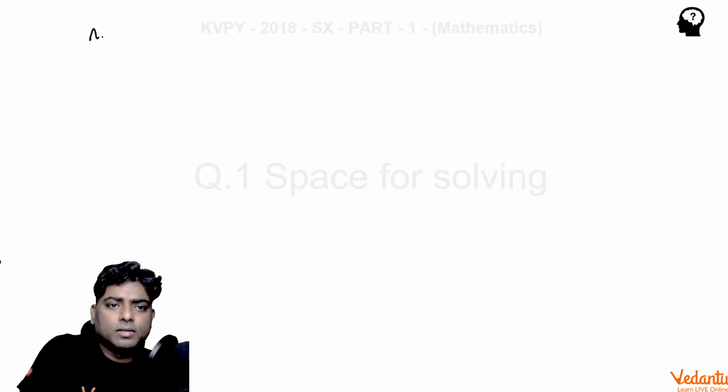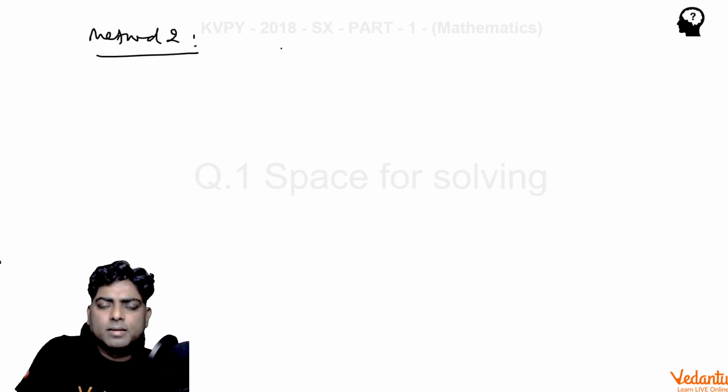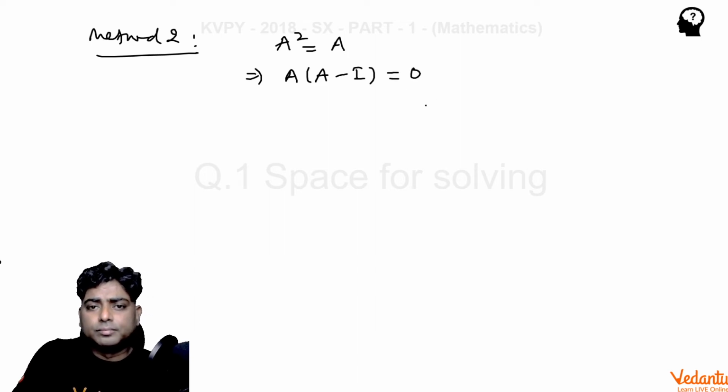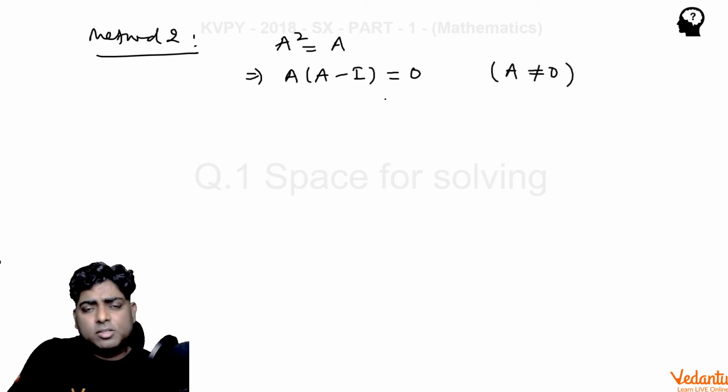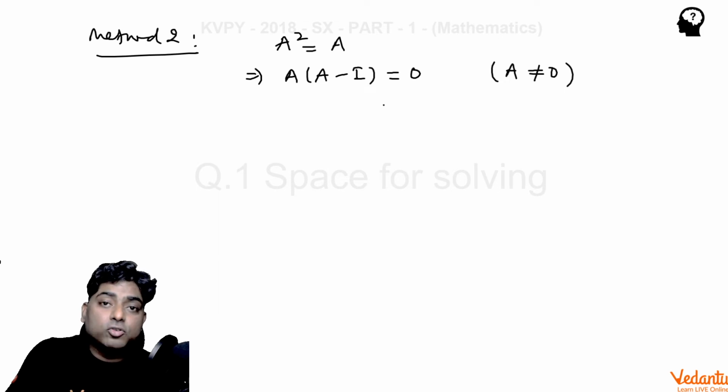See method 2, I'm explaining. Coming directly to A square, A square is equal to A means we can take A common and write A into A minus I as O. Now we know from the basic theory that if the product of two square matrices is O, and here A is not O because none of the entries of A is 0, then the other has to be singular.